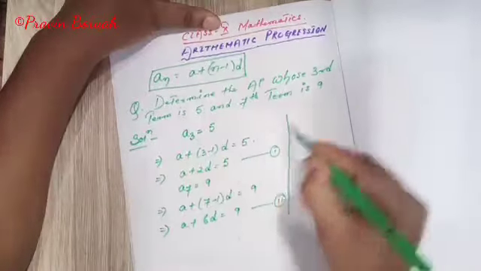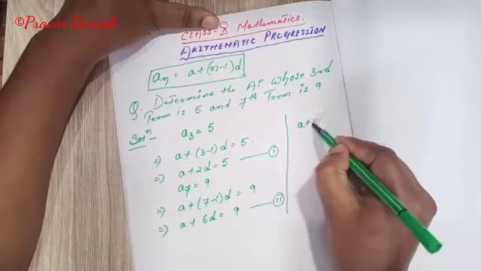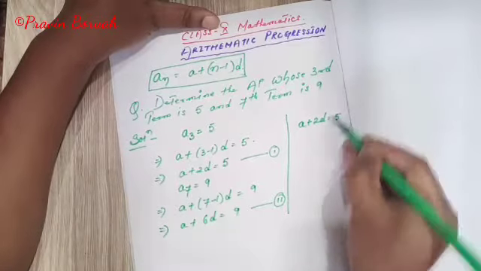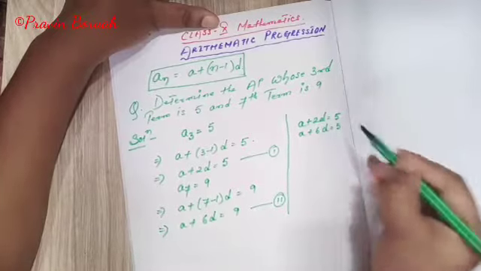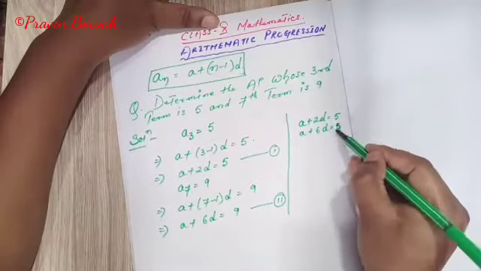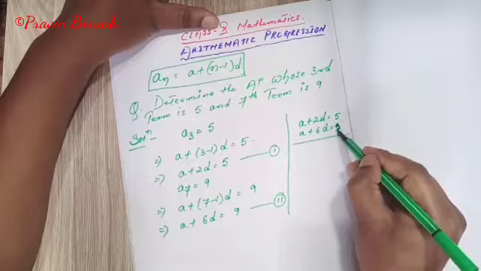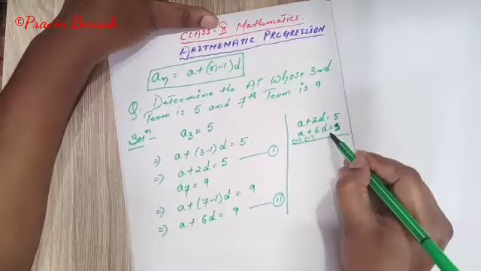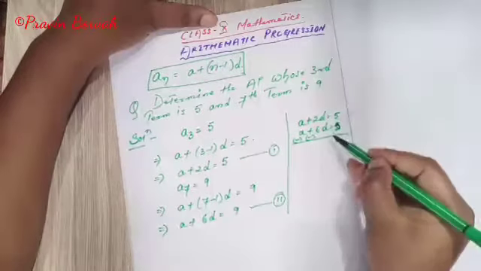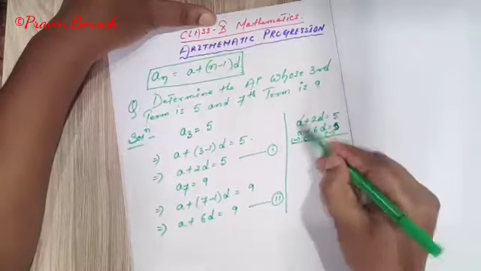I will solve this with the help of the elimination method. First equation, a plus 2d is equal to 5, and second one, a plus 6d is equal to 9. Now you subtract it. This becomes minus, this is plus, it becomes minus, so a cancels.